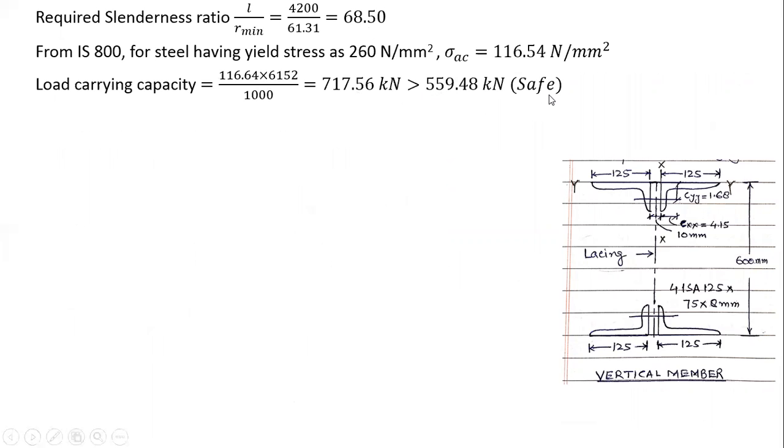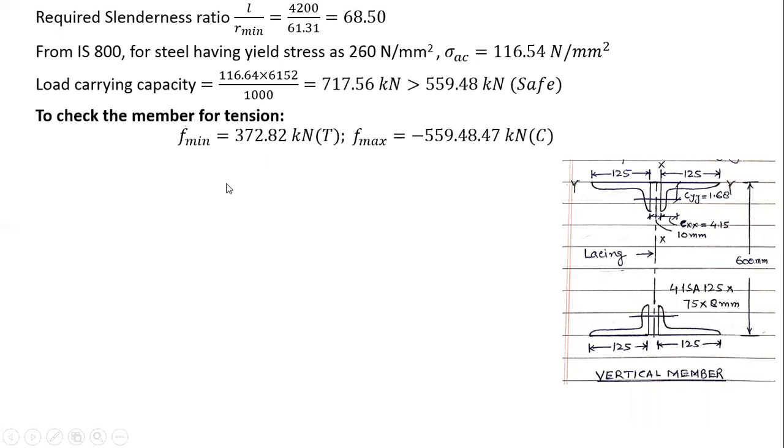So I designed this member as a compression member. Why? Because the compressive force is large in this member. Now I have to check the member for tension also, because some tensile force is also there. So this is my F minimum, this is my F maximum. This is your compressive force, this is my tensile force. So I have to calculate R, F minimum by F maximum, because there is fatigue because of this change of stress from tension to compression.